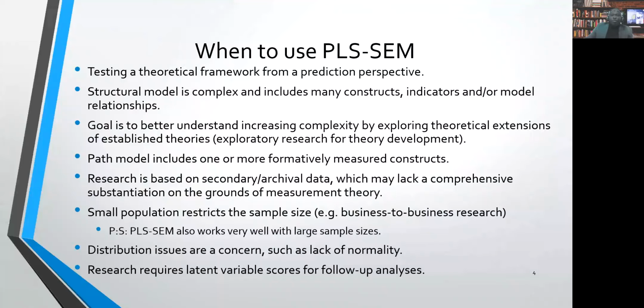So it's not only for small, but it's ideal for small. And when you have issues of distribution, like lack of normality, you can use SEM for that. Finally, when the research requires latent variable scores for follow-up analysis, you can use SEM.